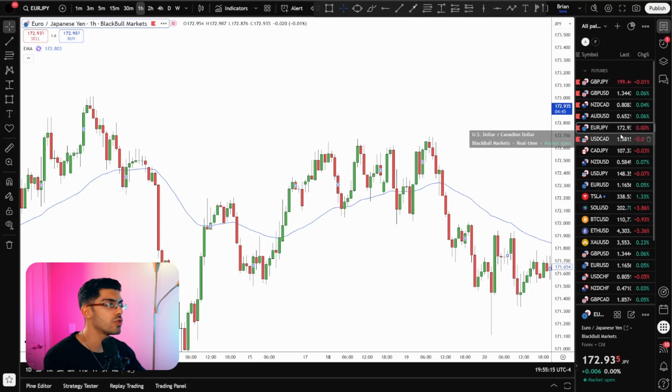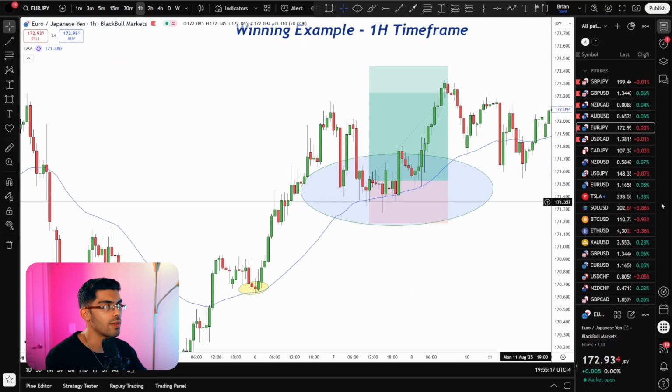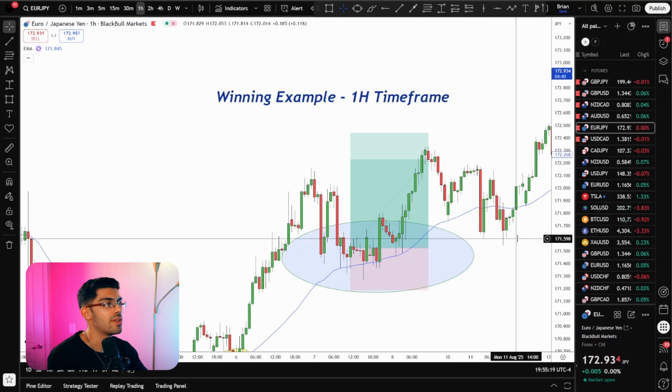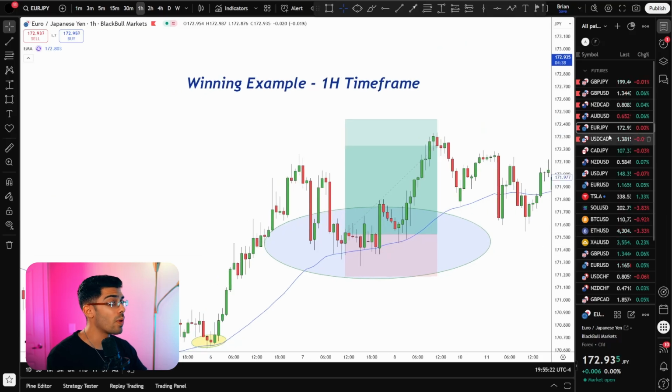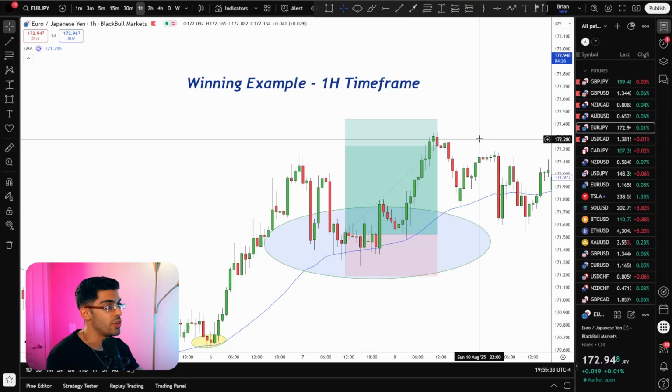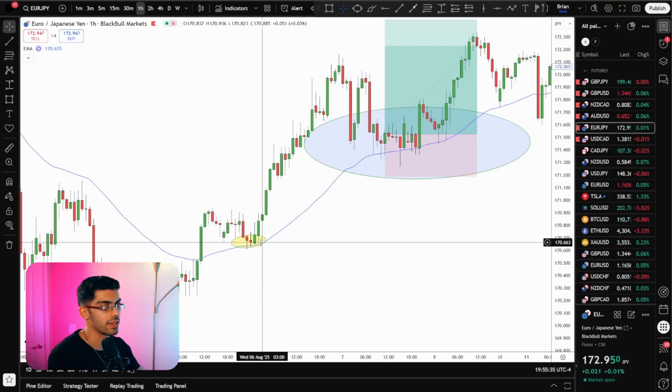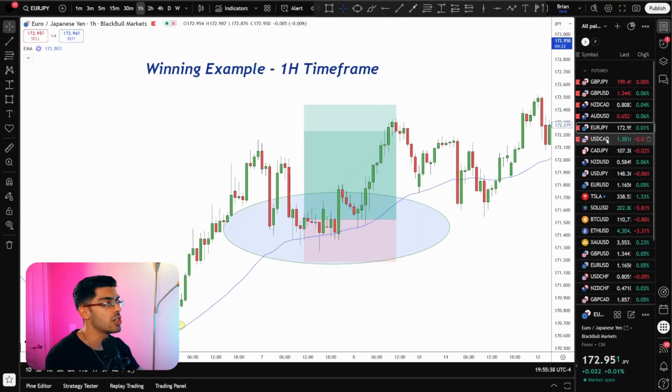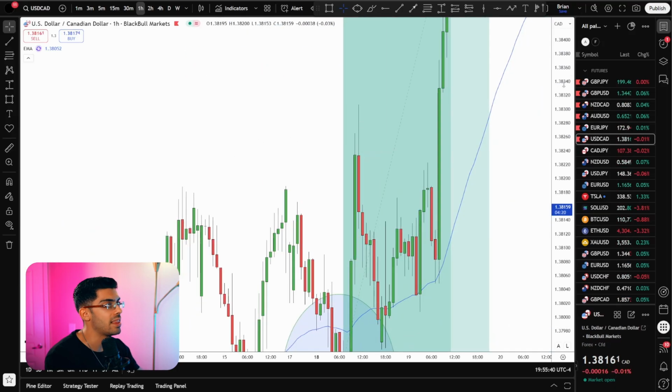So the more tools you can add to your arsenal, the more confident you can become, and the more money you can risk per trade. That's why these things like the 50 EMA, they seem small, but these are critical, not because you need them, but because of what they add to your strategy. You don't need to trade with this, but it adds so much confidence that you just end up making more money.